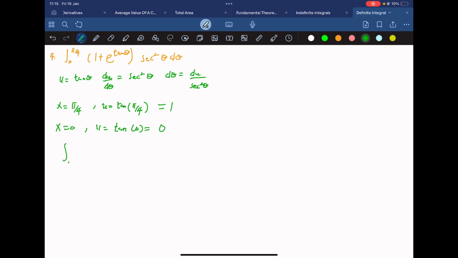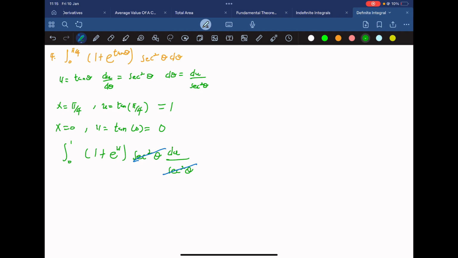If we do, we have 0 to 1, then 1 plus e to the tan of theta, but tan of theta is now our u, so we have e to the u times secant squared theta. And now d theta, we had this, so we have du over secant squared theta. So this cancels out this.